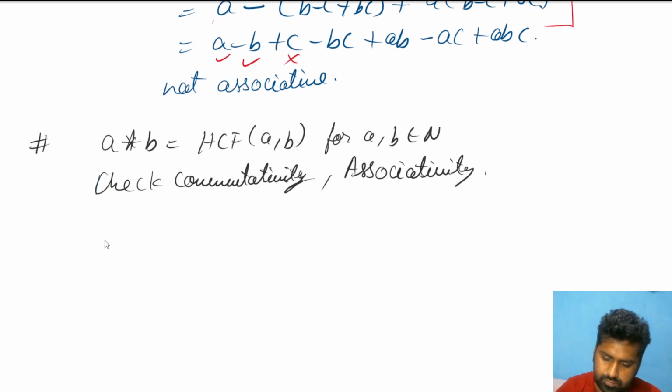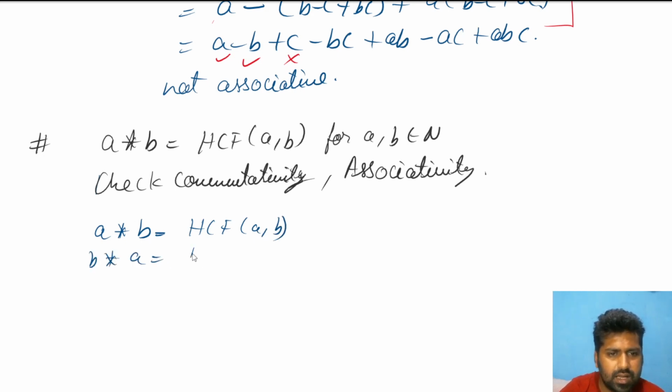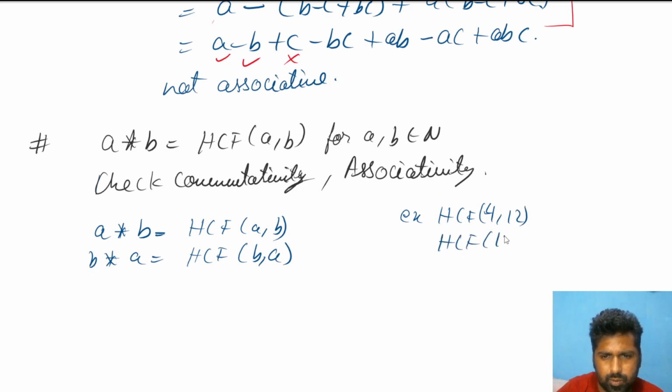So A star B is equal to HCF of AB. B star A means HCF of BA. Whether you take HCF of, for example, 4 and 12, or you take HCF of 12 and 4, the result is always the same.